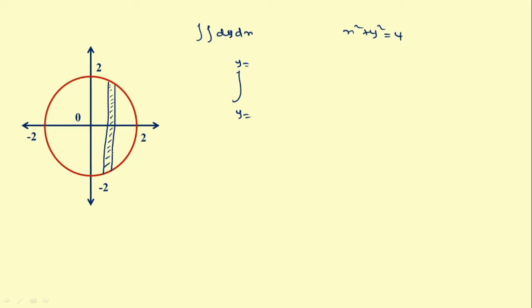That means the bottom of the strip and top of the strip touch the same circle in different places, negative side and positive side. So y square equal to 4 minus x square. So y equal to plus or minus square root of 4 minus x square. Therefore the limit is minus root of 4 minus x square and plus square root of 4 minus x square. So the y limit is over.